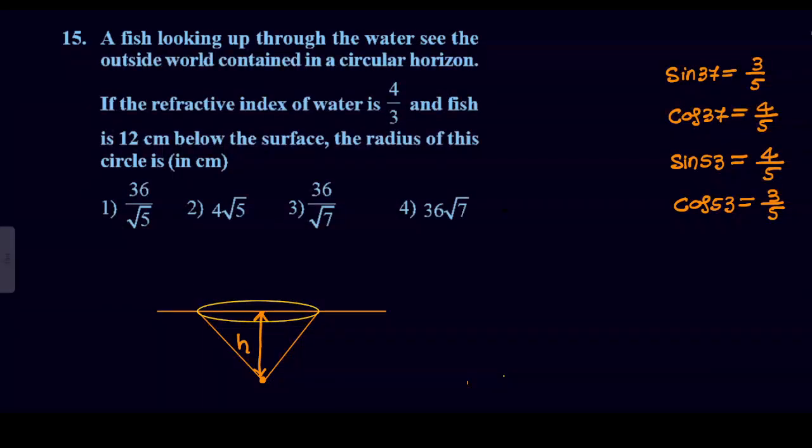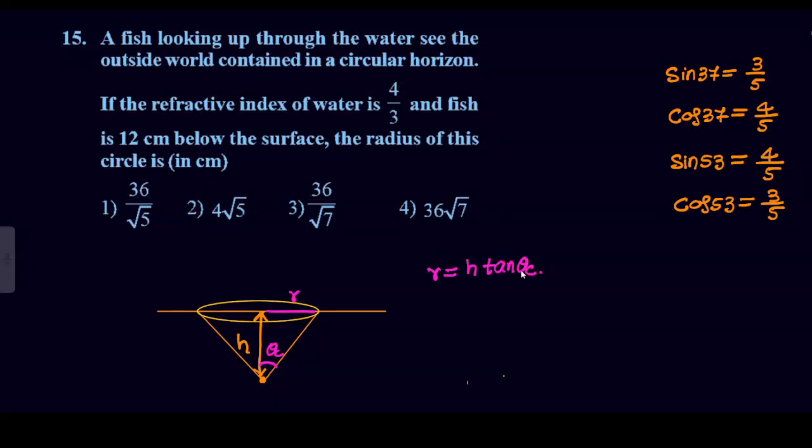The radius of this circle we need to find, and this radius is r. This angle is theta c. Now r is equal to h into tan theta c.